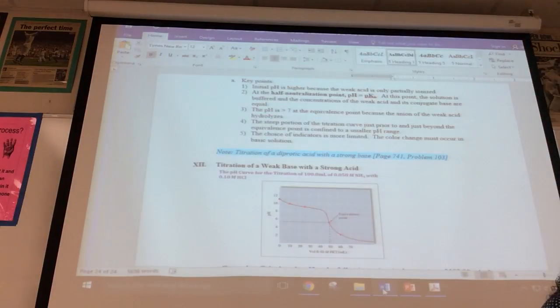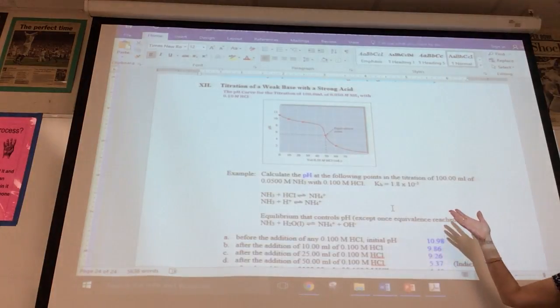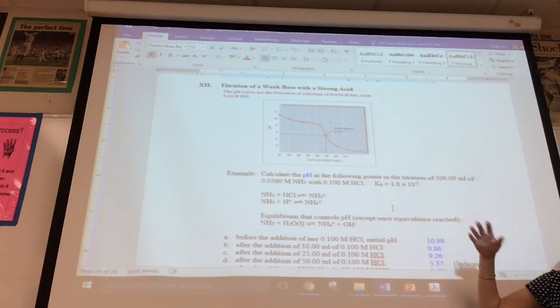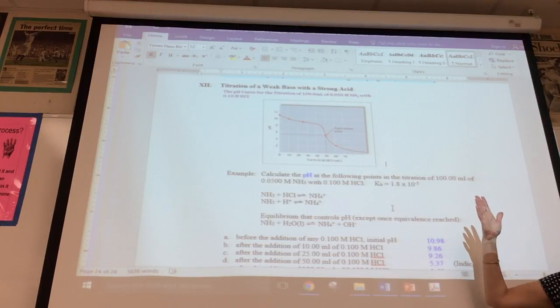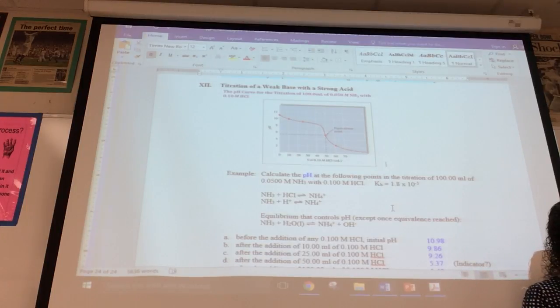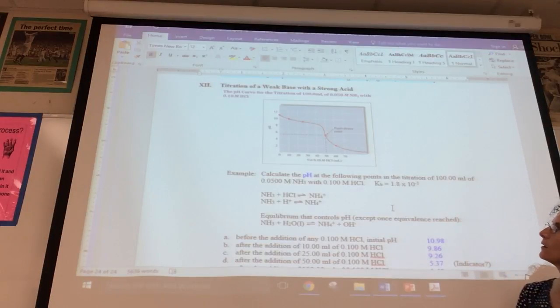Okay. What we want to do now is look at titration of a weak base with a strong acid. So this is all going to look backward. Look at the curve. You start high and you go low as you add more and more acid. You've got your equivalence point there.